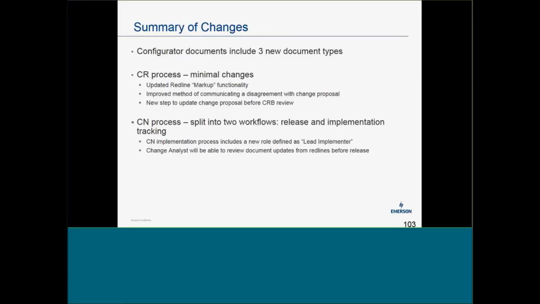The CN process is split into 2 workflows: the release and implementation tracking workflow. The implementation process includes a new role defined as the lead implementer, and the change analyst has step 202 to review changes from the red lines to black lines.